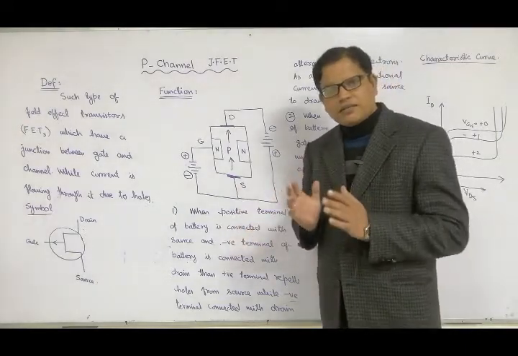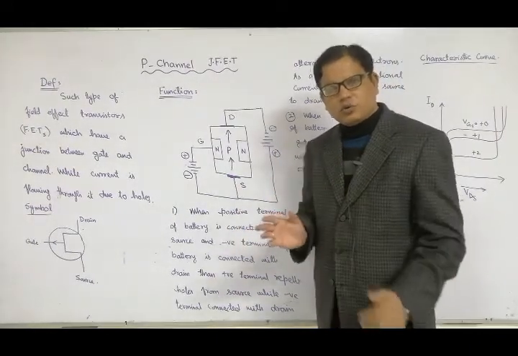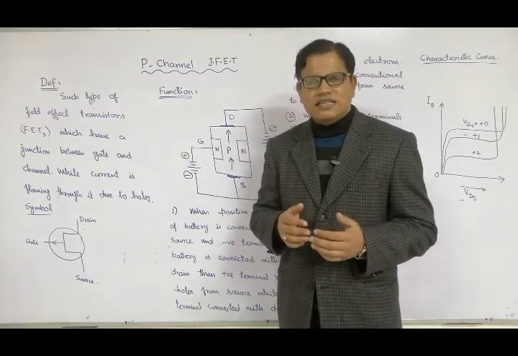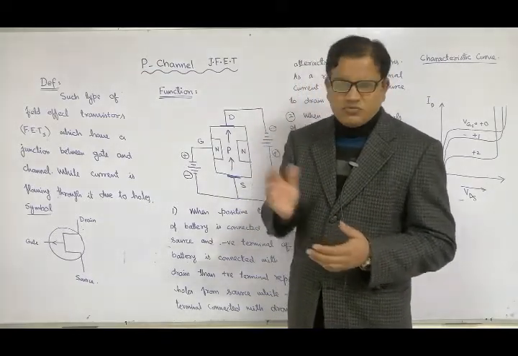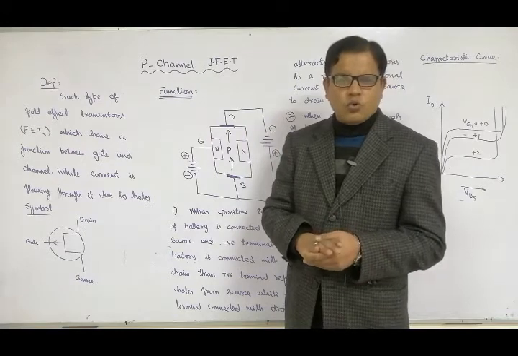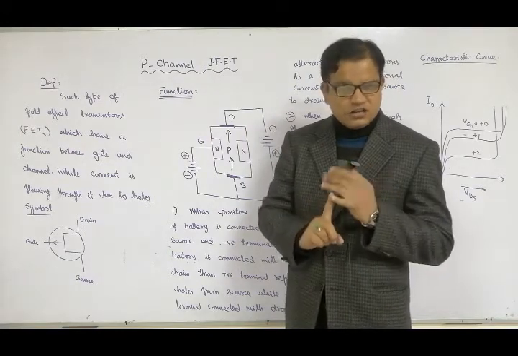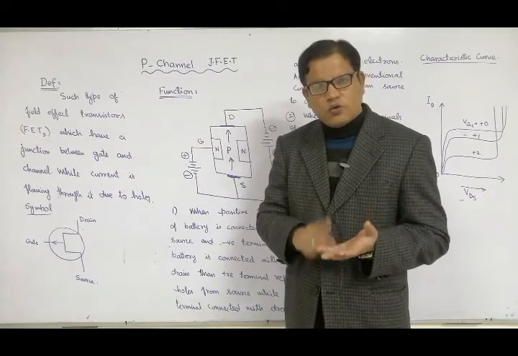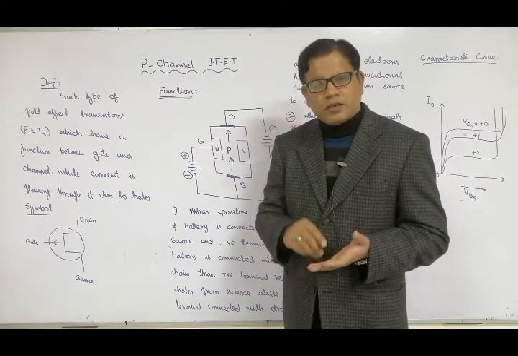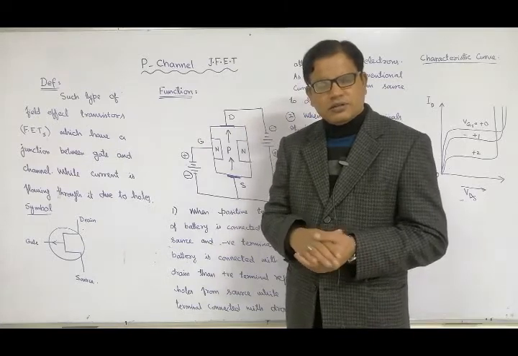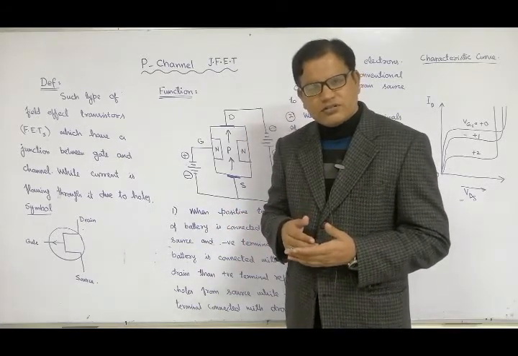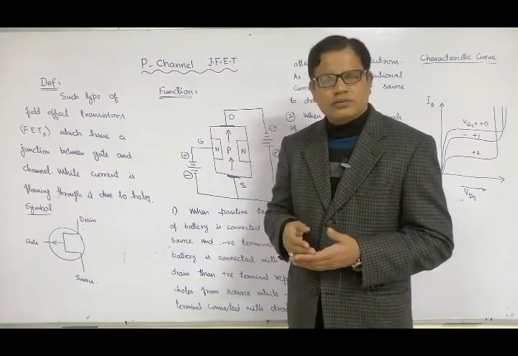So the P-type substrate has a large part, and the only thing that can easily flow is holes. In the N-channel JFET, current flows due to electrons. But over here, the current is flowing due to conventional current, that is, due to the holes.